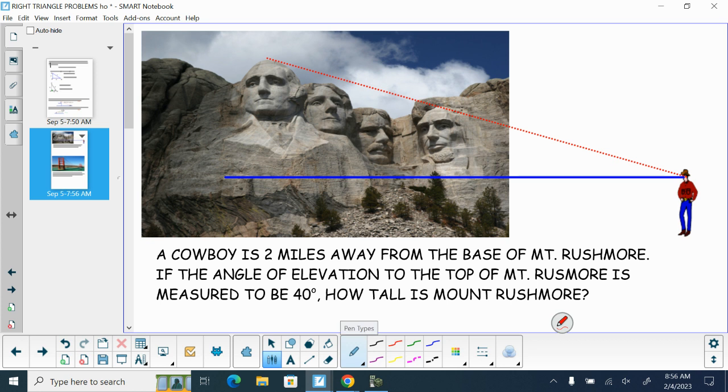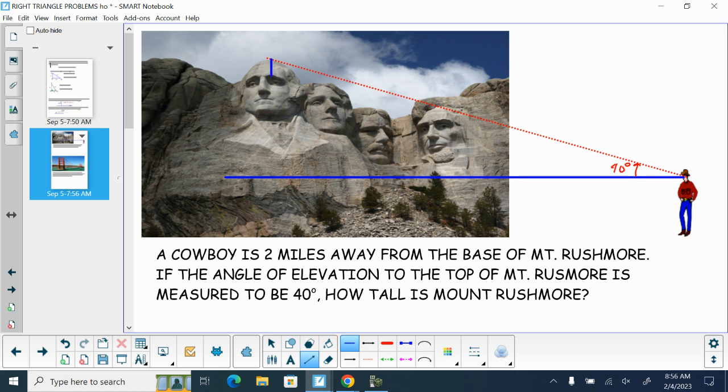We are given that the angle of elevation is 40 degrees. So over here, here's our horizontal and a line of sight to an object above. This is a 40-degree angle. We want to know how tall Mount Rushmore is. When we're talking about height, we're talking about straight up and down.